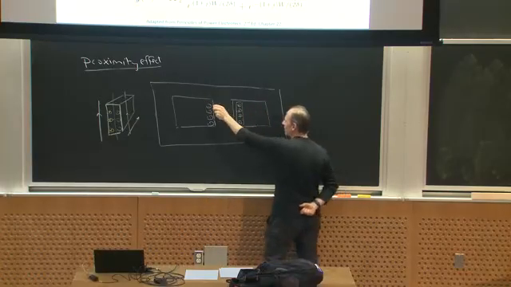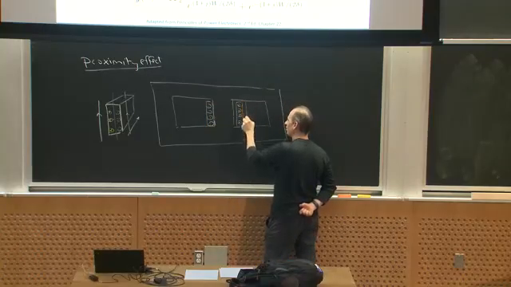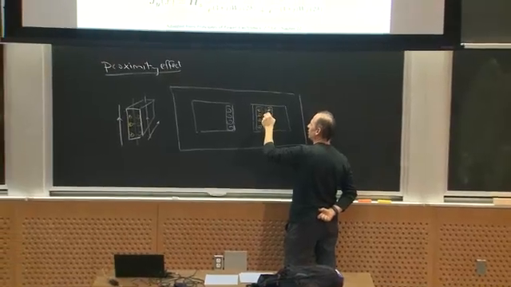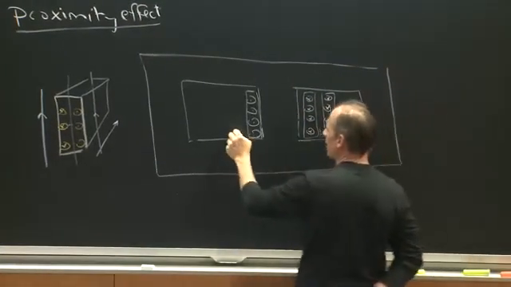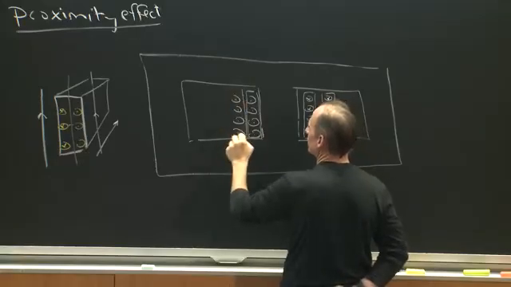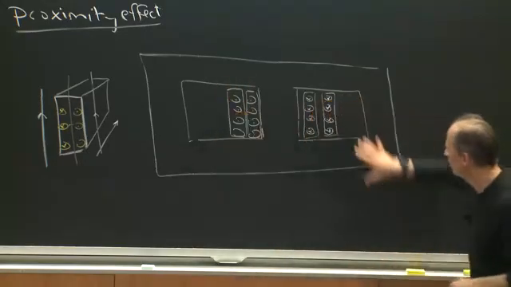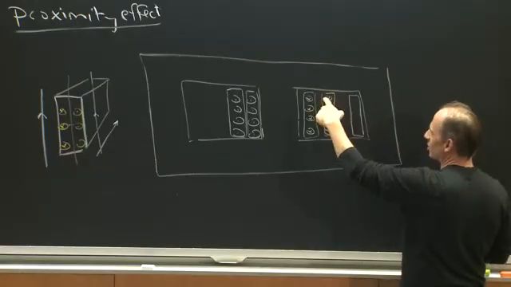And maybe I have a second layer, because I'm winding out and I have another layer, going in, going in, going in, going in, and coming out. And maybe over here I have some secondary. Maybe the secondary carries an equal and opposite current, or maybe it carries twice as much current.